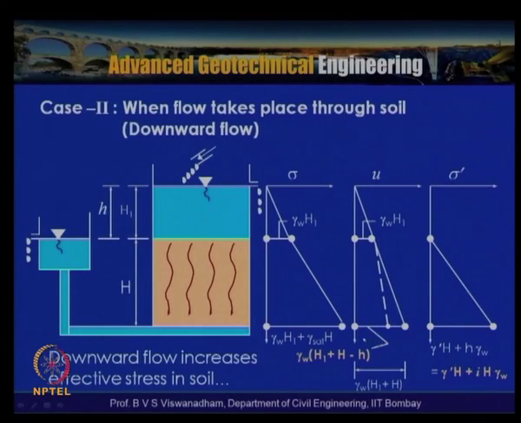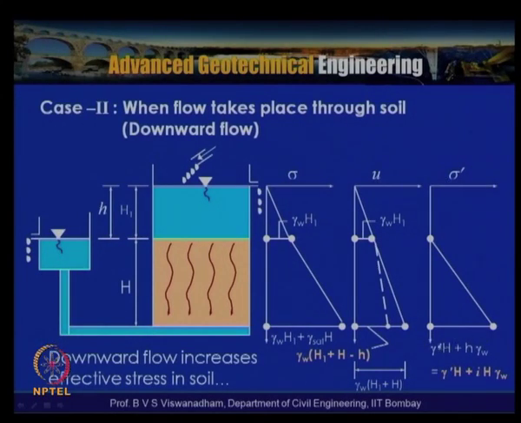So, the pore water pressure at this point is gamma W into H1 plus H minus small h, because when the water flow takes place from top to bottom, that is what happens at this point. With that, now again if you take the effective stress, which is nothing but the total stress minus pore water pressure, at this point there is no change because of gamma W H1.